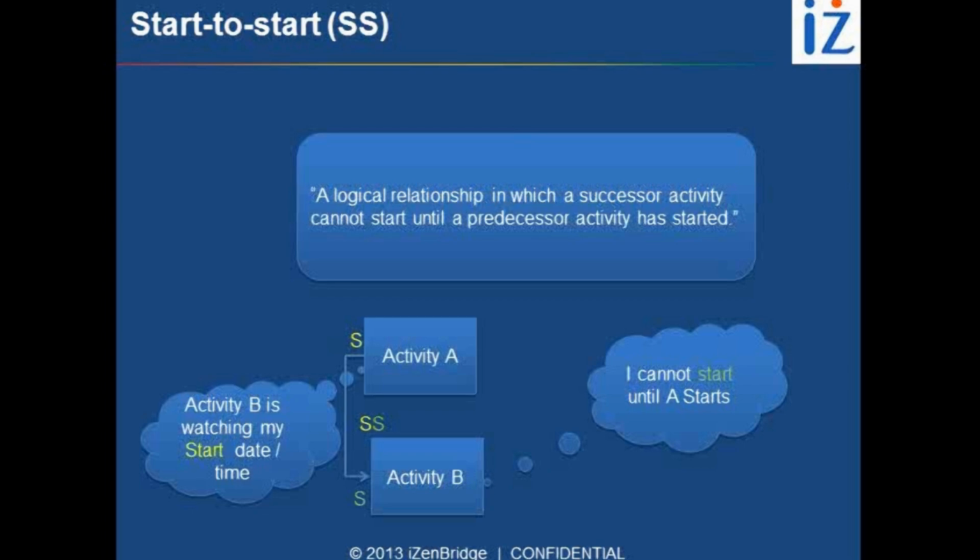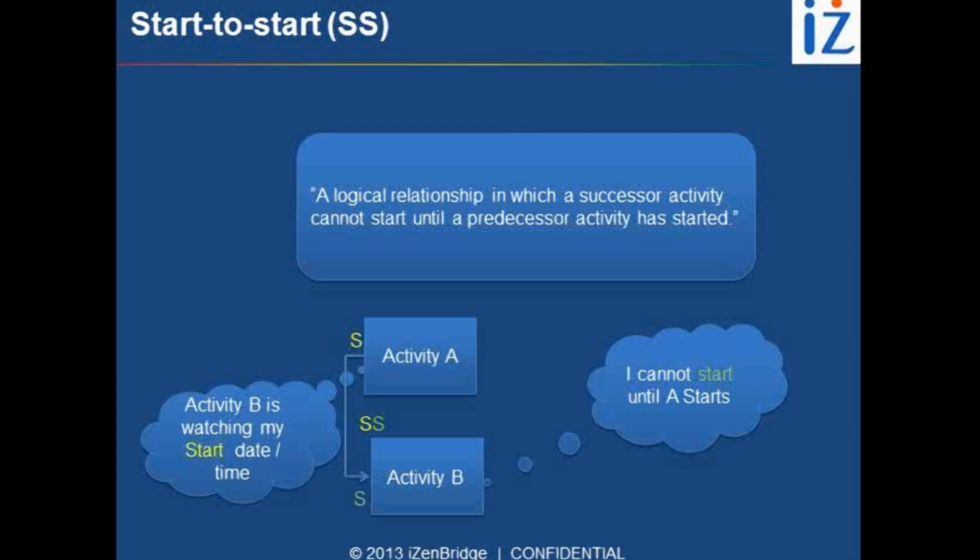Now, there is a difference between thinking that a logical relationship in which a successor activity cannot start until a predecessor activity has started, and interpreting it as a logical relationship in which a successor activity starts as the predecessor activity starts.